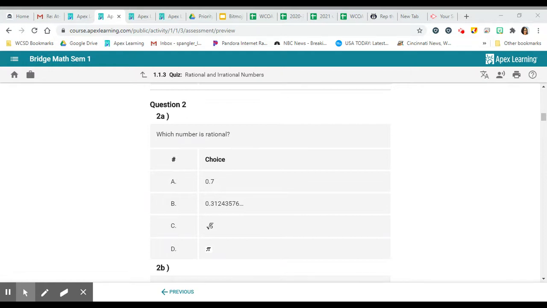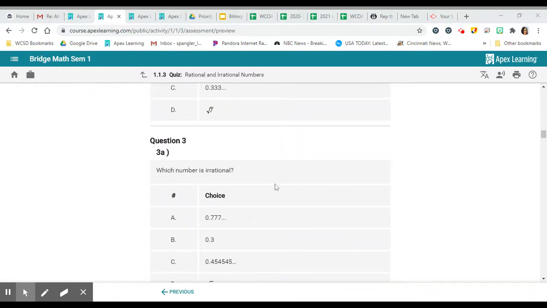So ones that are terminating, which means they end, or repeating, which means the same pattern repeats. So when we look at this one, our answer would be A, because 0.7 is terminating because it stops. So our answer would be A for number 2.